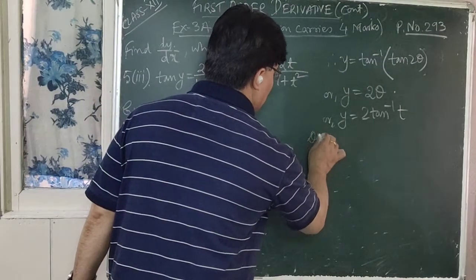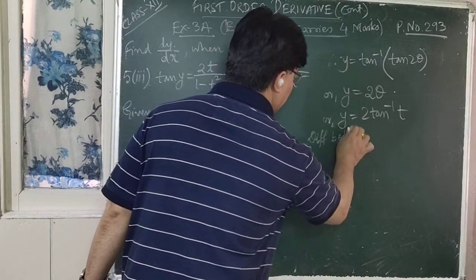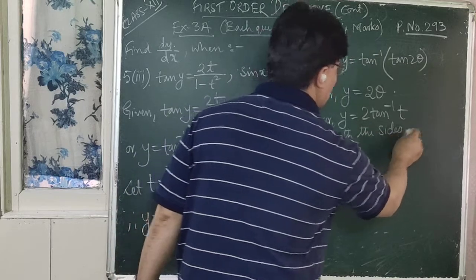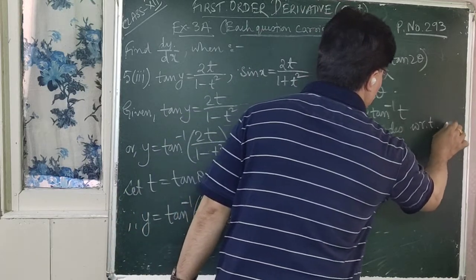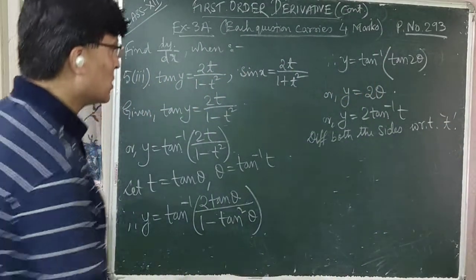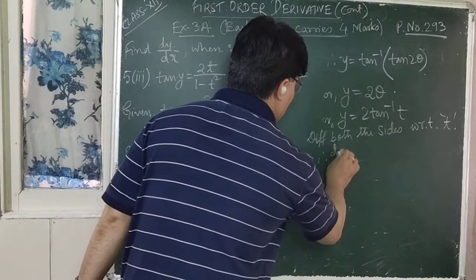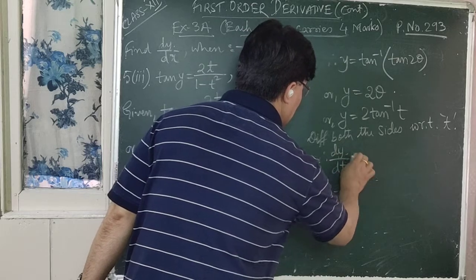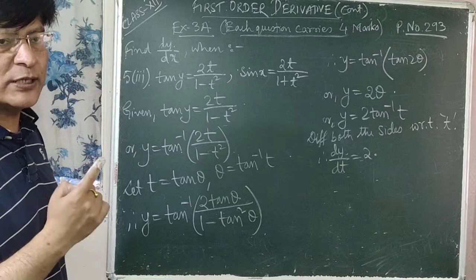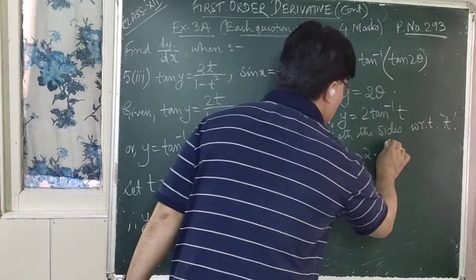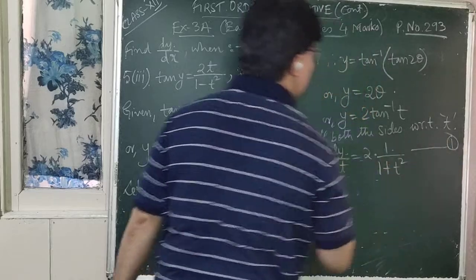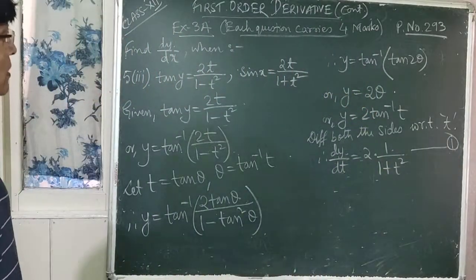So write down, differentiating both the sides with respect to t, what do we get? dy by dt is equal to 2 into, what is d by dt of tan inverse t? You know the formula, that is 1 upon 1 plus t square. Let us mark it number 1.